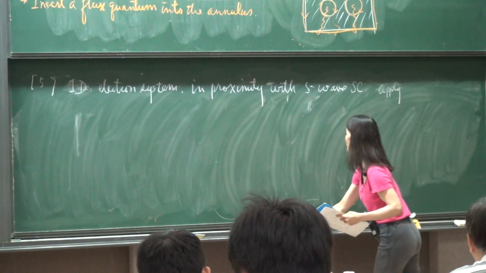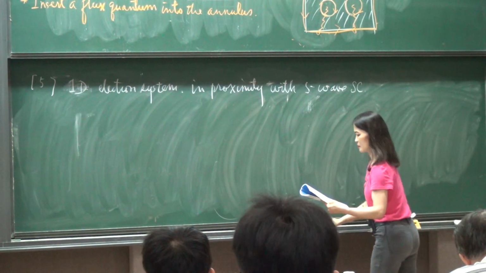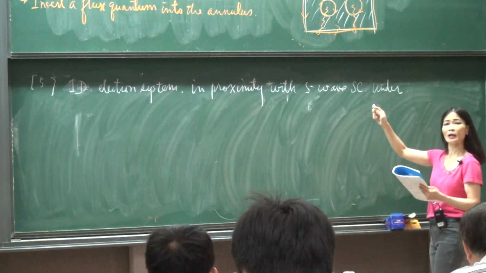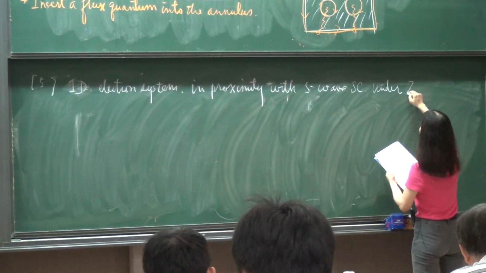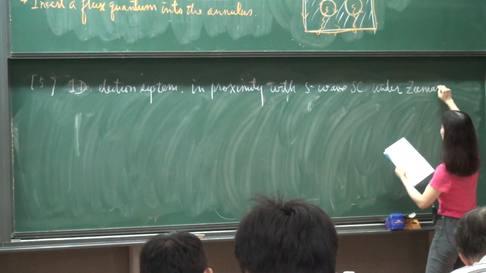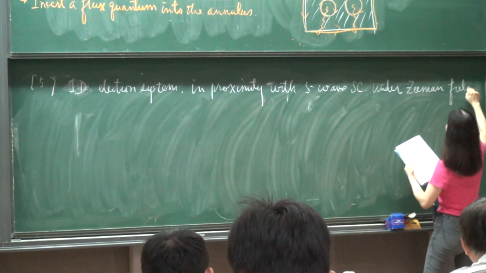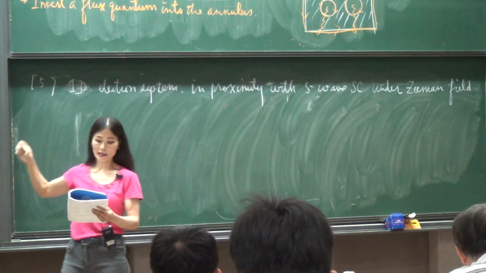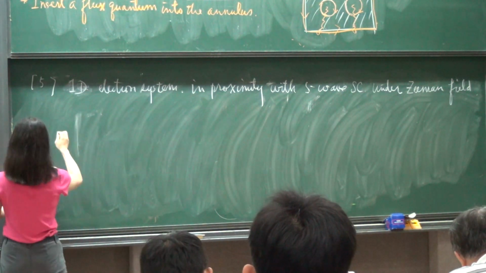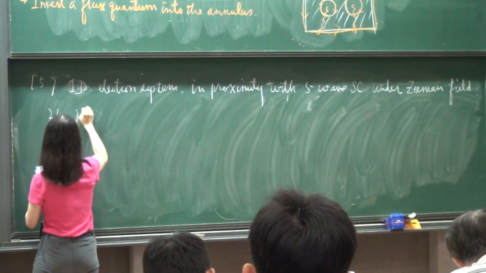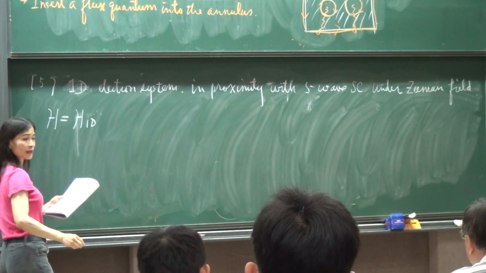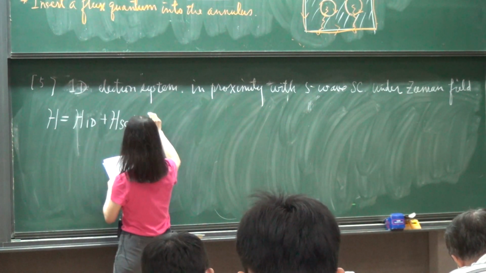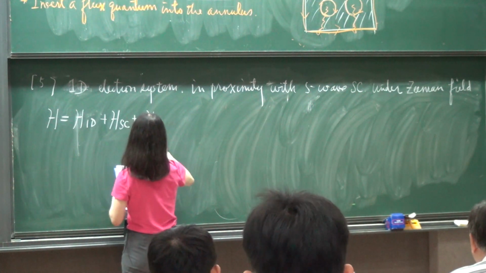A Zeeman field can be induced either by a magnetic field or by ferromagnetism, so that's related to spintronic constructions you can do. So these are the ingredients. Then you can prove that you can satisfy all these interesting situations. So what happens is that your total Hamiltonian will be related to your one-dimensional electron system plus your superconductor in proximity, and then the tunneling between the two.